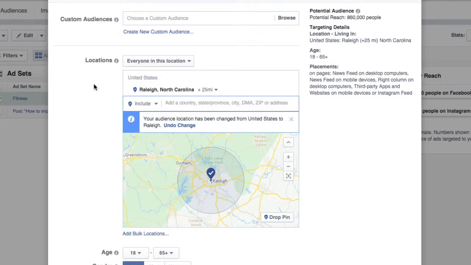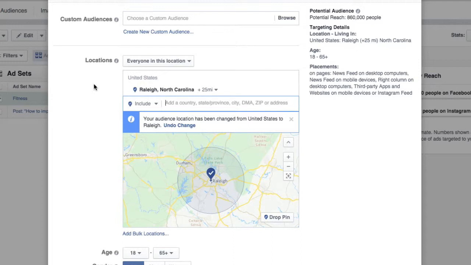Now, I think maybe an example of that. Fitness, maybe not so much because it's so worldwide, but maybe surfing. There's a few places in the world with great surfing. It's Australia, I mean, I don't know, maybe the west side of the U.S. Something like that is where location targeting really comes into play, as well as just local marketing. If you're a local marketer, that is huge.